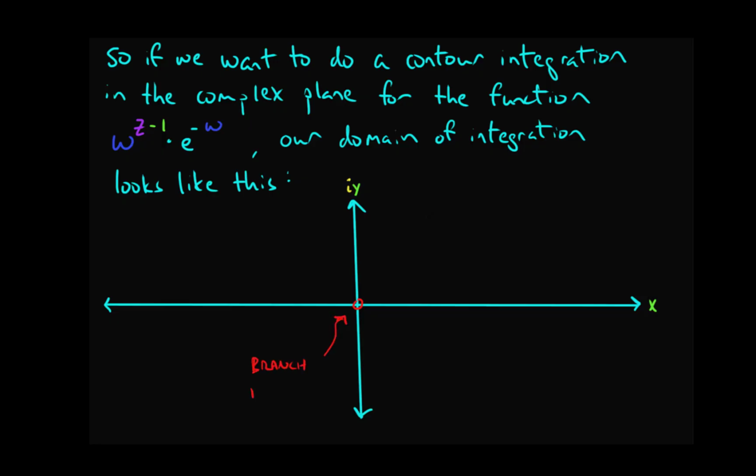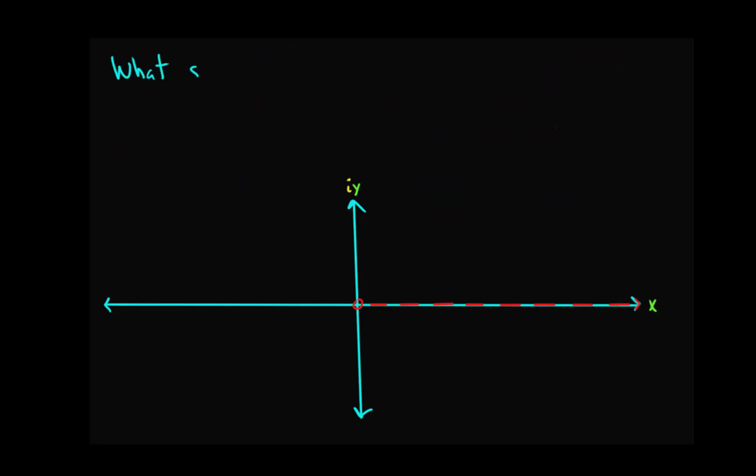That's our branch point. And now where are we going to put the branch cut? Well, this takes some thought. We have to put the branch cut somewhere so that we're limiting the variation of the argument of w between 0 and 2 pi. Well, it turns out that the best place to put the branch cut is just along the positive x-axis. So that's what I've done here.